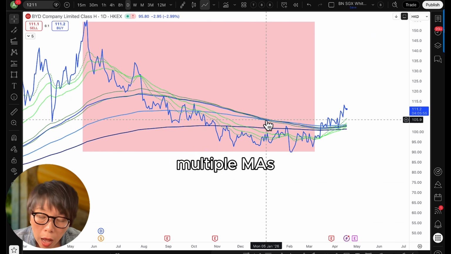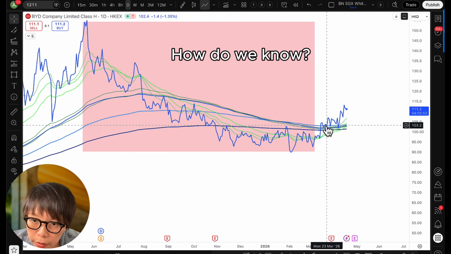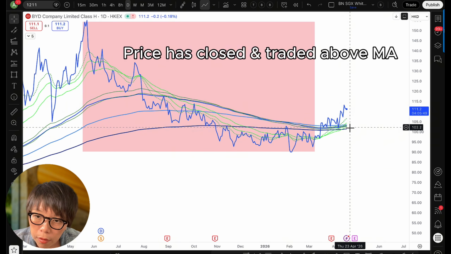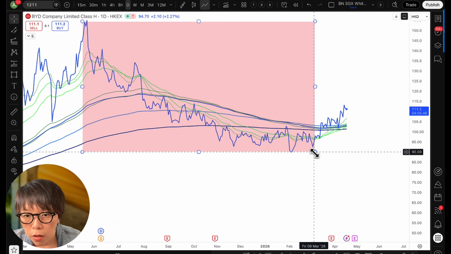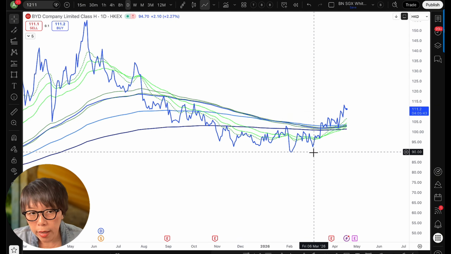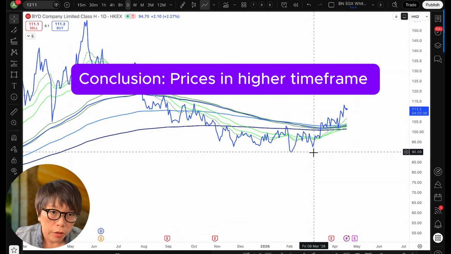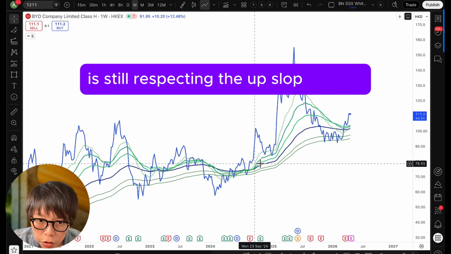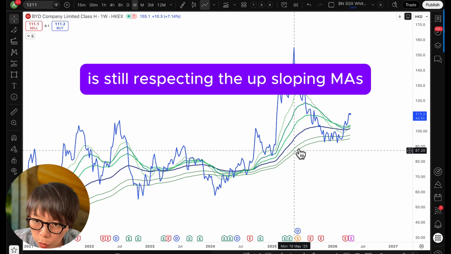Now, why is that so? How do we know that? Then price has already closed and traded above the zone of moving averages. So this way, by looking at the moving averages, by looking at different time frames, the conclusion is that prices in the higher time frame is still respecting that upsloping moving averages.